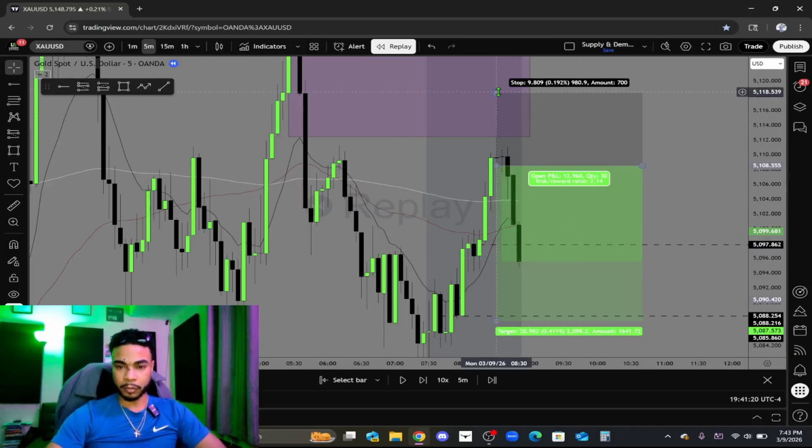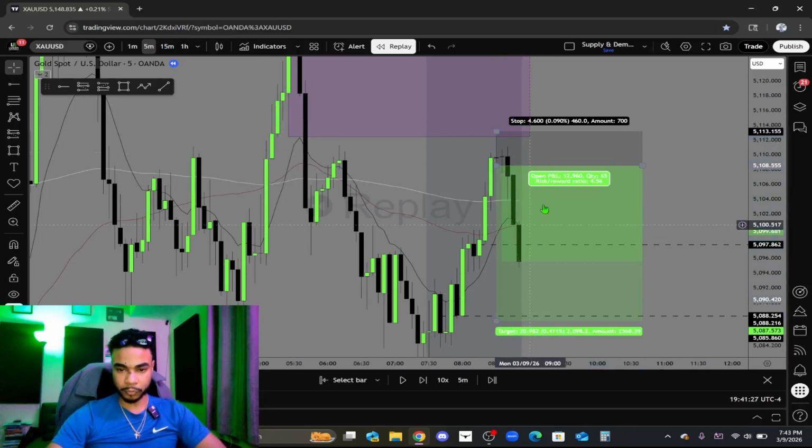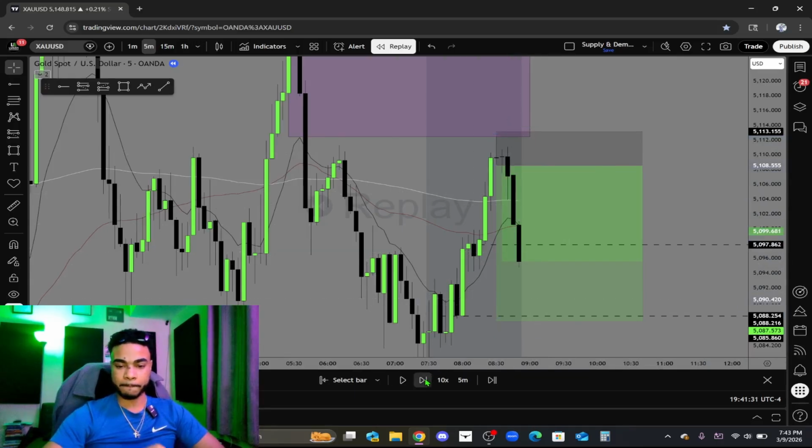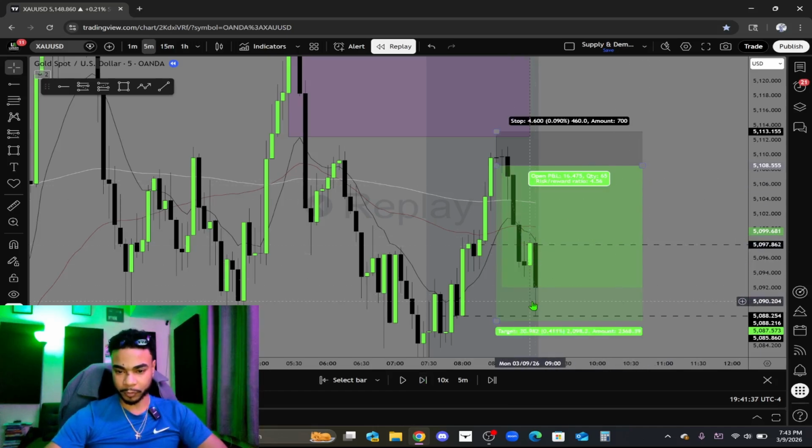So from here I basically closed my risk halfway up to here, and I was just waiting to see if price was going to hit our second target. Then this candle right here came all the way down, almost hitting our target, and then shot back up.